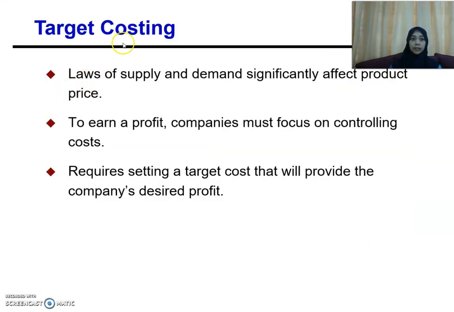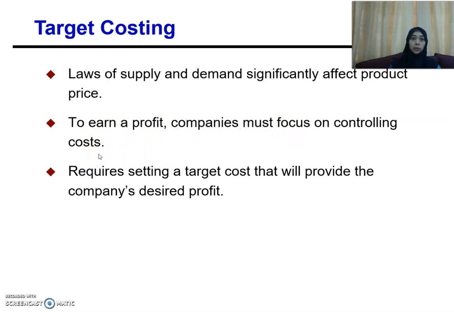Now let's look at target costing. What is target costing? The laws of supply and demand significantly affect the product price. We know that. How is the price determined? Normally it is based on the law of demand and supply that you have learned in your economics. And then to earn a profit, companies must focus on controlling costs.